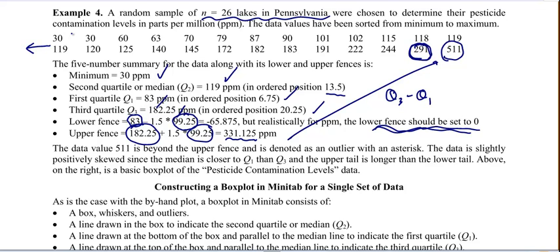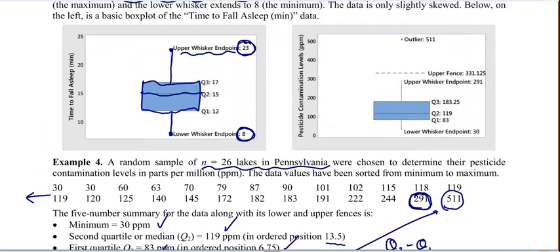So be careful that your students aren't saying, oh, I'm just going to extend this to the fences. The fences are just ways to determine if one of our points is out of line with the others. So let's go back up here and look at the graph that I created.